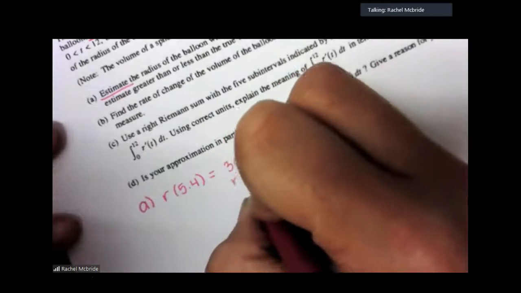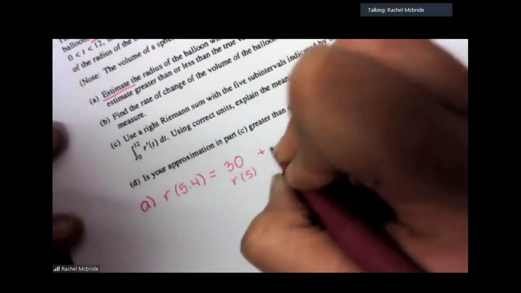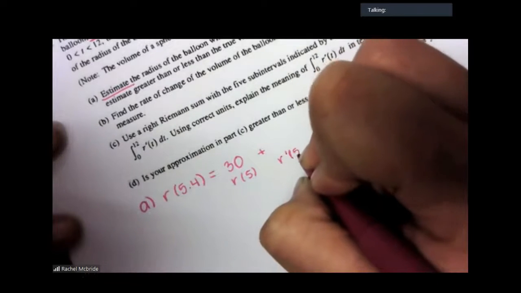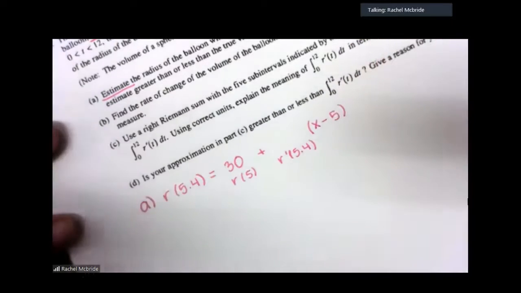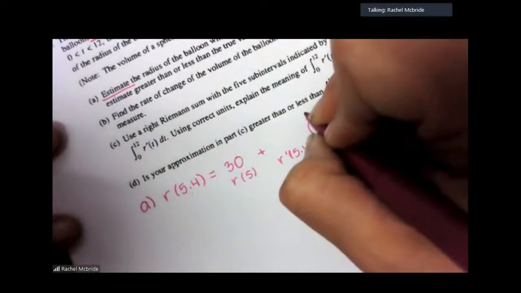R of 5.4 would equal my initial condition, R of 5, plus we want R prime of 5.4, and then take into account x minus 5. This x here is the x we're trying to find, which is 5.4. Sorry, I have my document camera.